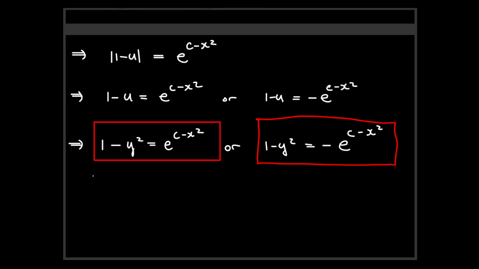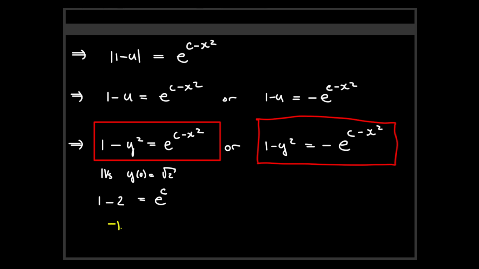Let's take a look here at the first option. If I take my initial values, which I remember are going to be y of 0 equal to square root 2, and I plug them into this equation, I'm going to get 1 minus square root 2 squared, which is just 1 minus 2, is equal to e to the c minus x squared, which is just e to the c. And again, here we have the same problem as earlier.